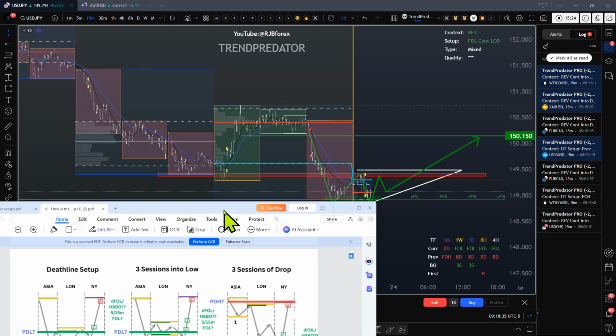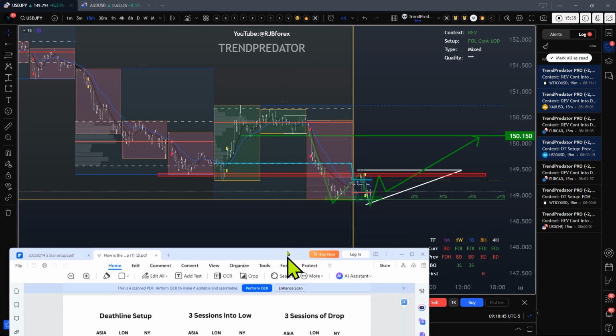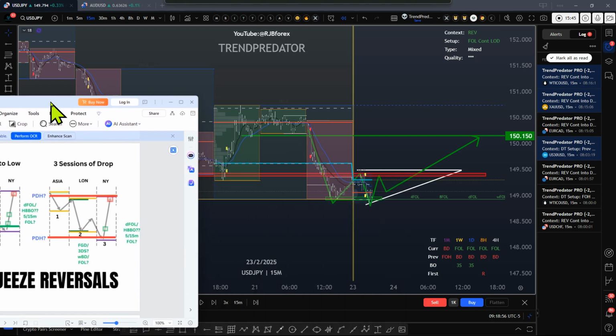I mean, we could have said that this London box was a prospect because it was sort of a death line box, but it's not really set up how I want it to be set up. We had this outside box and then this inside box and this drop. It's not ideally what I want to see.